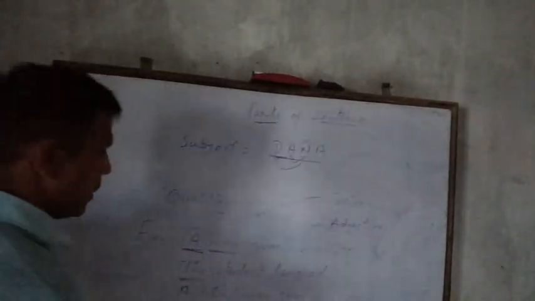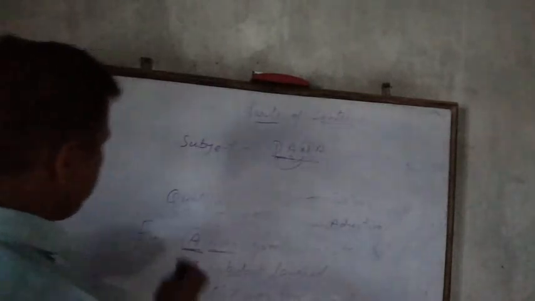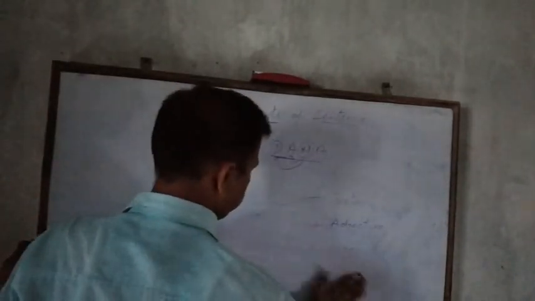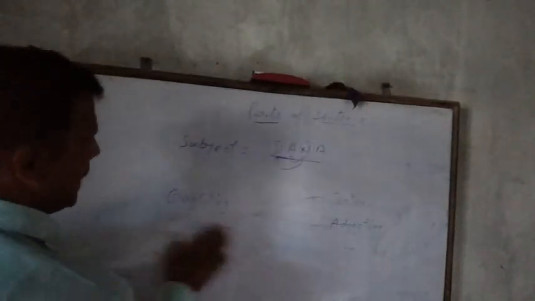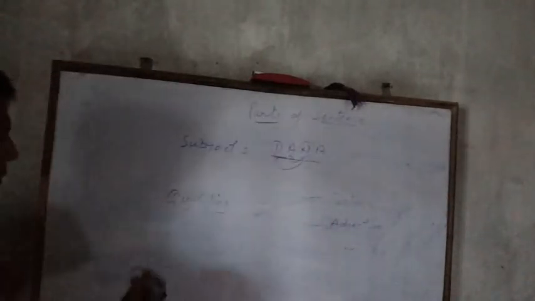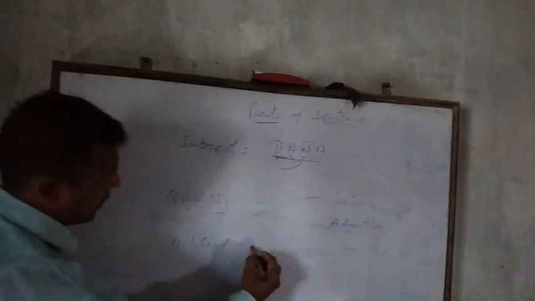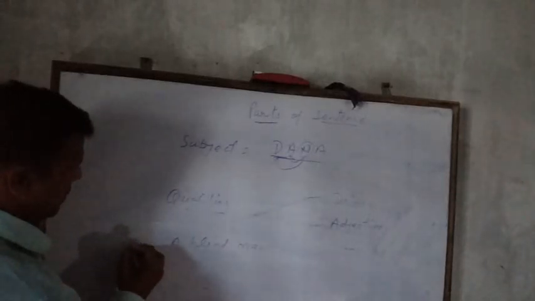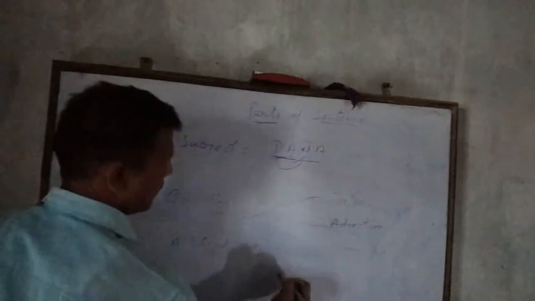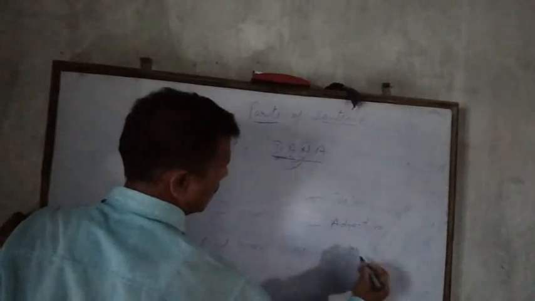Now, how do we use an adjectival phrase? A blind man in new shirt came to me.